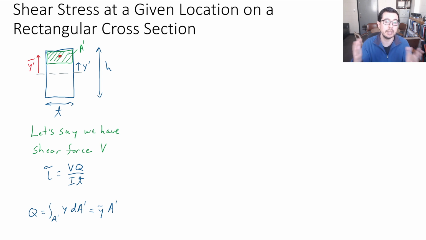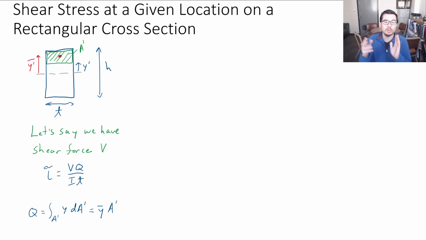But now let's take a look at some distance above the neutral axis, and calculate what the transverse shear stress is at this y prime. Now this red dot is not the location we're interested in. This red dot is the location of the centroid of the A prime corresponding to the area above the y prime. Are we confused yet? Most likely. Well, let's stick with it.